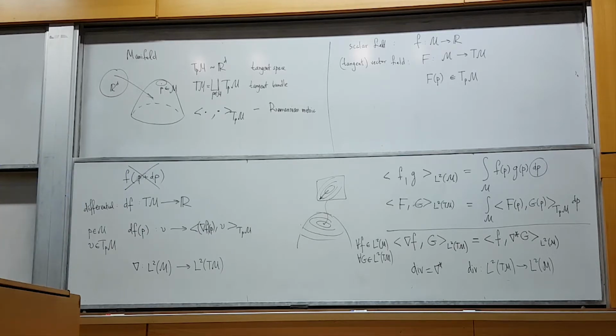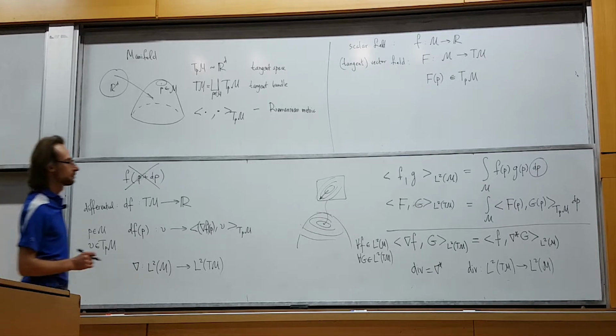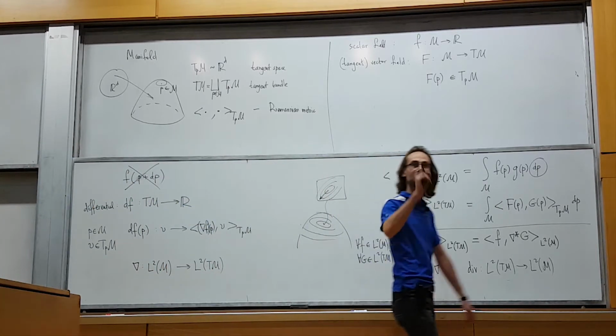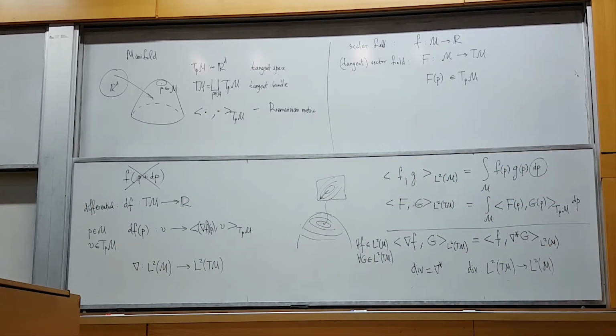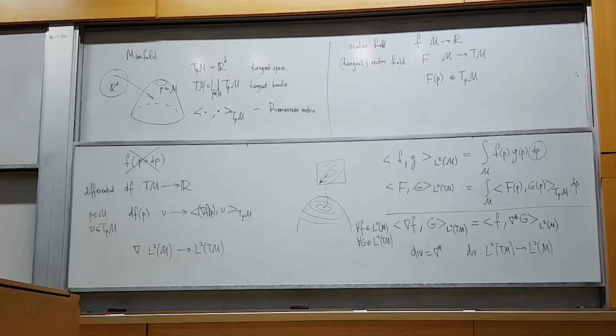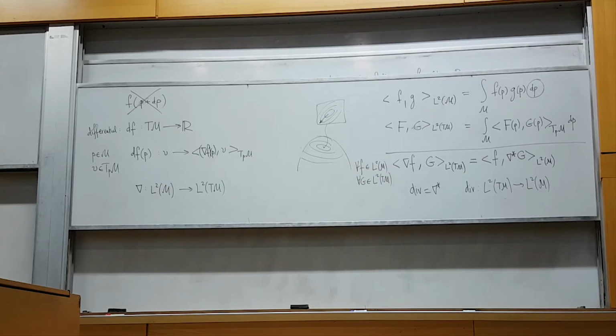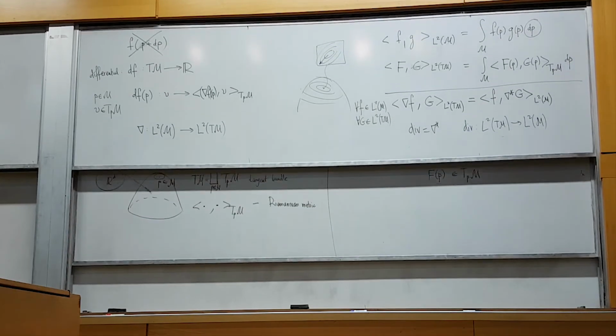If the net flow is positive, I have a source. If it is negative, I have a sink. And if I have divergence zero, it means that basically whatever enters the sphere exits the sphere. It's called divergence-free. This is the physical interpretation of the divergence. So before we make a break, let me define one more operator, and this was the goal of this small excursion into differential geometry.